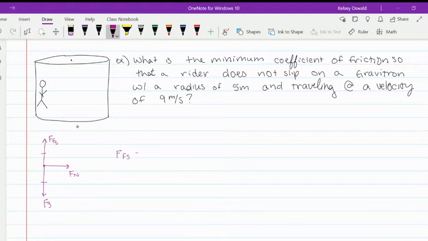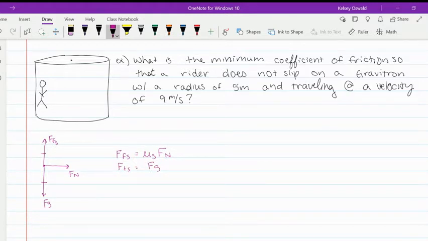So our force of static friction, remember, can be anything up to that coefficient times our normal force. And we also know here that our force of friction pointing straight up has to equal that force of gravity pointing straight down, okay? Because we're balanced here.